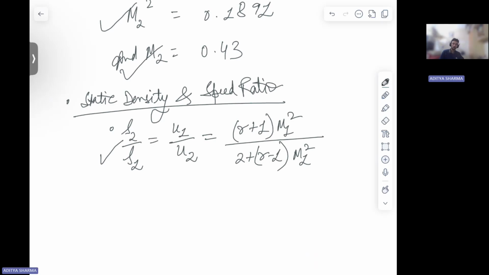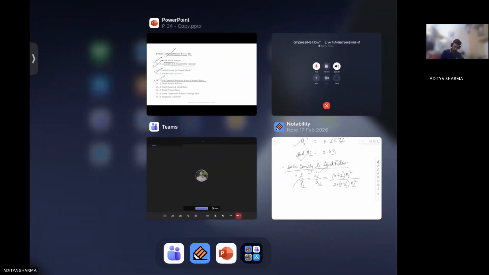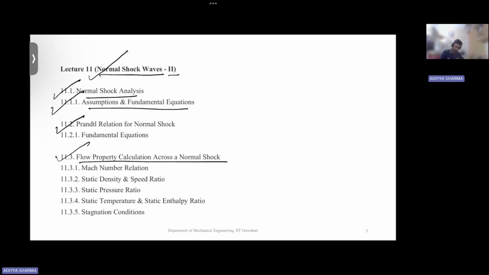But when you see it with your continuity equation, you can get the speed ratio also across a shock wave, which comes out as this. Other things are also there.